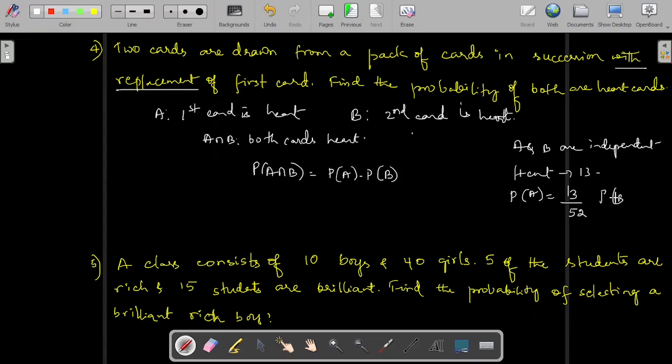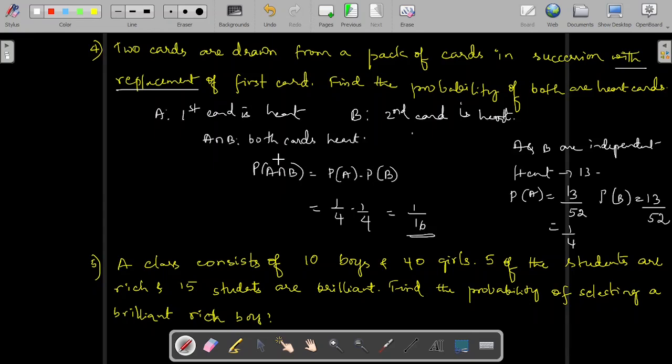Then P of B is also 13 divided by 52, because for the second draw also there are the same number of favorable outcomes as we are replacing the first card once again. So that is 1 by 4, and this is also 1 by 4. So 1 by 4 into 1 by 4 is equal to 1 by 16. This is the probability of getting both the cards as heart cards.